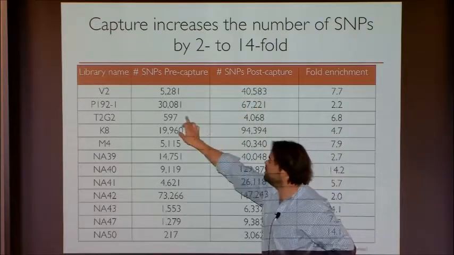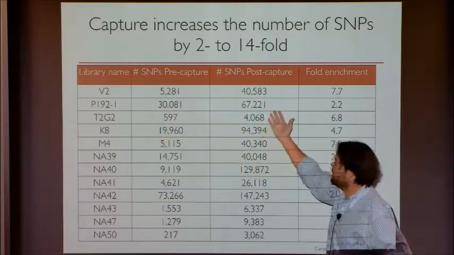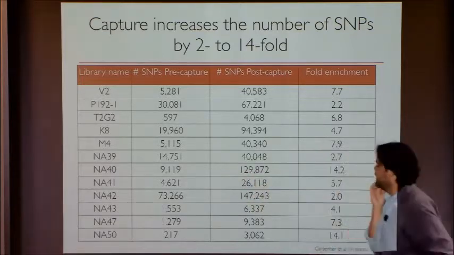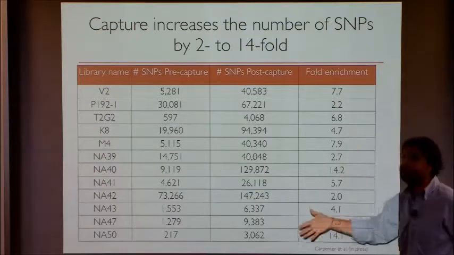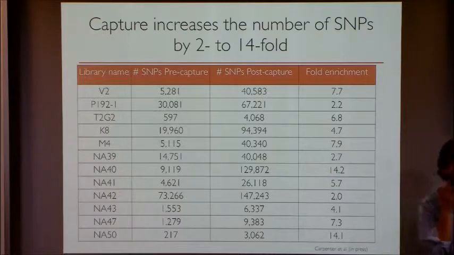Whereas for others, you sequence 1 million reads and you're only getting 600 SNPs, but if you do the capture, you get 4,000 SNPs. So there's quite a nice increase in the number of SNPs, and we're basically getting usable data from every one of the samples that we tried.